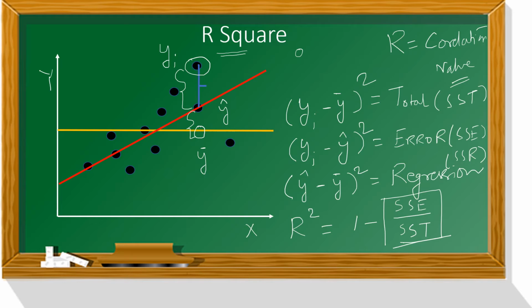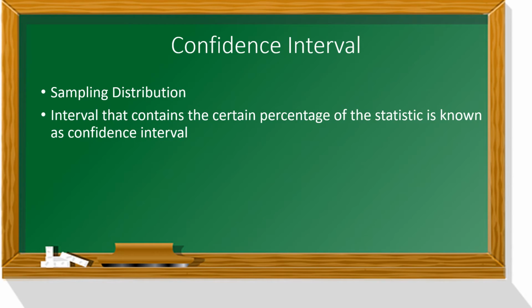R square also gives the relationship between the variables and explains the percentage of the variation explained by the model in the data. Now, talking of confidence interval, to understand it we have to know what sampling distribution is. Those who have done the earlier modules know it, and if you have not, please do it. So we have a population, and from the population we take out samples.